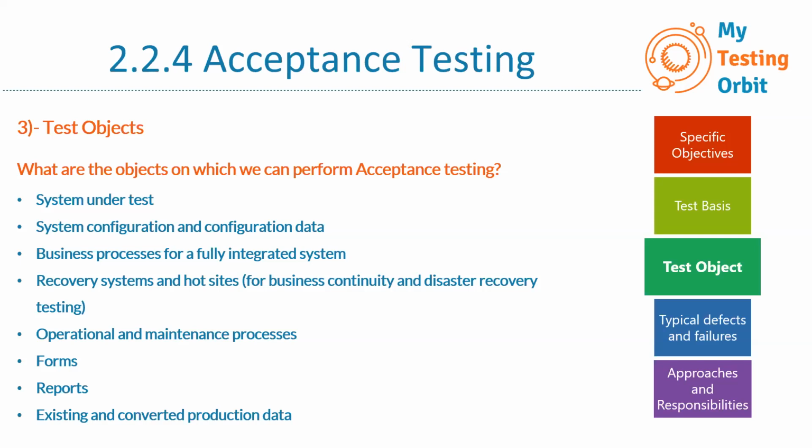Why can production data be useful? Because we are getting the data from the actual users. So we might get different kinds of scenarios which we can't think of during system testing or acceptance testing. That data is quite useful to use, but of course with all the sensitive information encrypted.